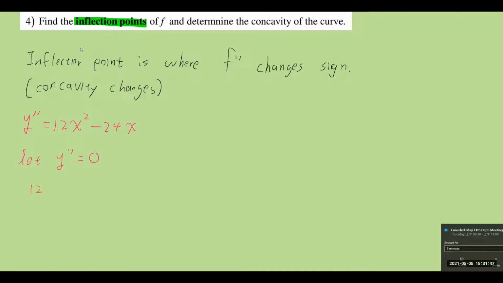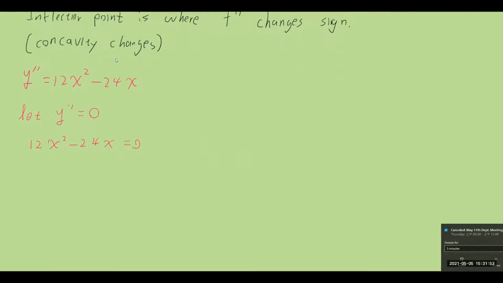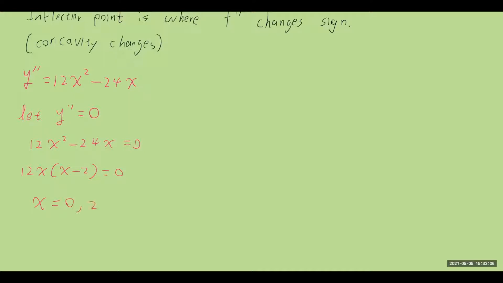Right? Therefore, we have 12x squared minus 24x is equal to 0. And we're just going to solve this equation. Very simple, right? Factor out 12x. We get x minus 2 is equal to 0. And in this case, we get some possible point of inflection at x equal to 0 and 2.